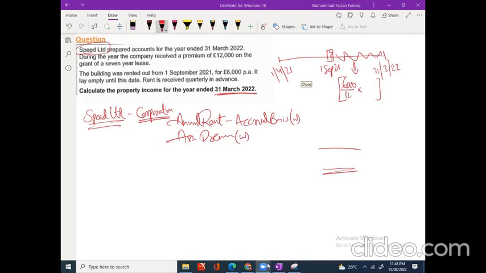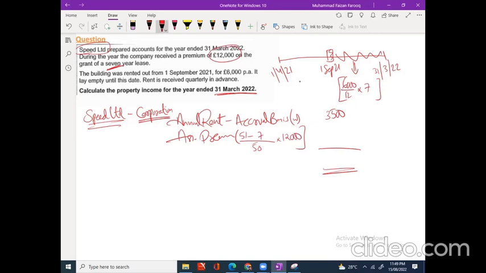So it's 7 months out of 12 months, which gives me an answer of 3,500. And premium. Remember the format for the premium working? It was 51 minus duration, divided by 50, into the premium amount. The duration in this question is 7 years, and the amount of premium is 12,000.